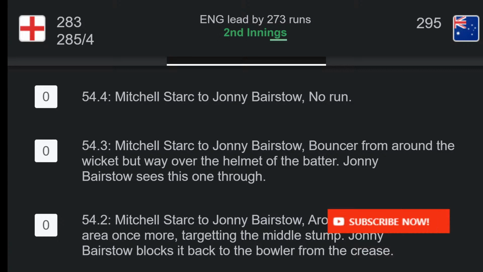Australia in their first innings 295. So a very evenly poised match, very interesting to see how the match will progress.